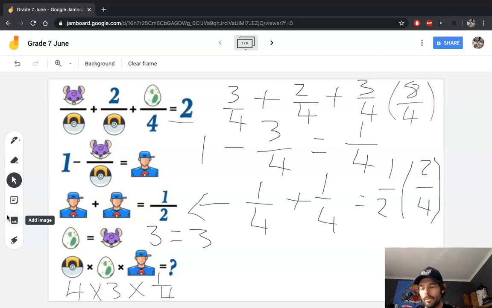And then 1 times 3 is equal to 3. Okay? You could convert all of them to fractions and then multiply them. So you'd have 4/1 times 3/1 times a quarter. Still going to get you the same answer of 3. You could say 3 times a quarter, and that's equal to 3 quarters. And then 4 multiplied by 3 quarters, that's also going to give you 3, okay?